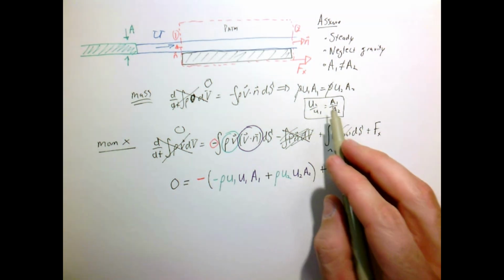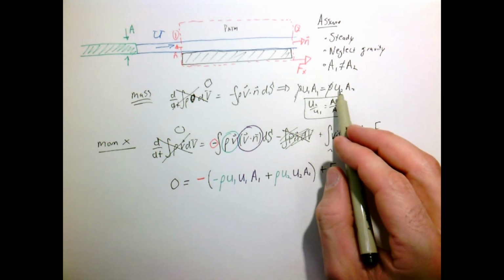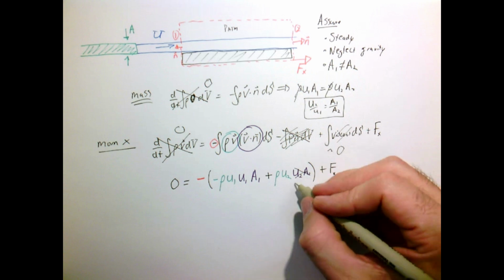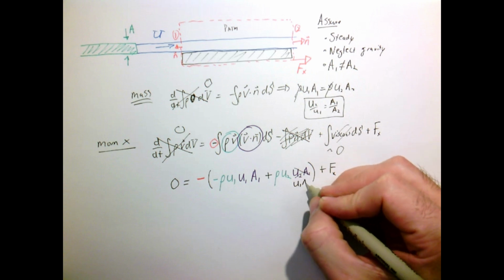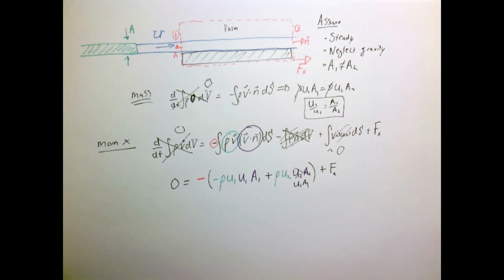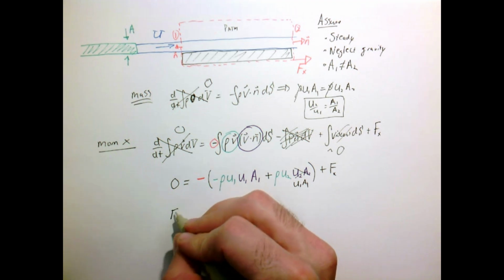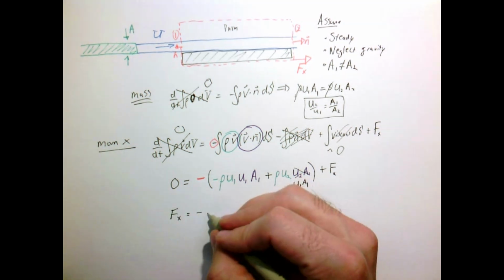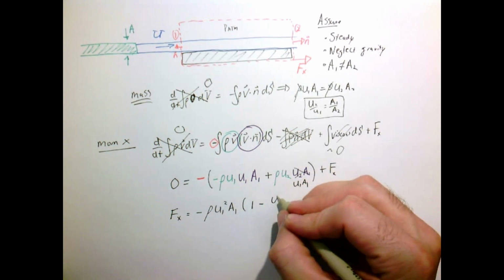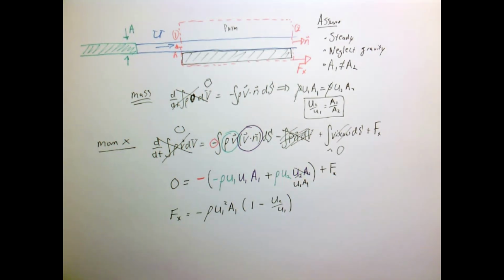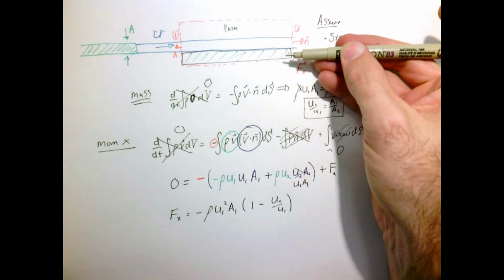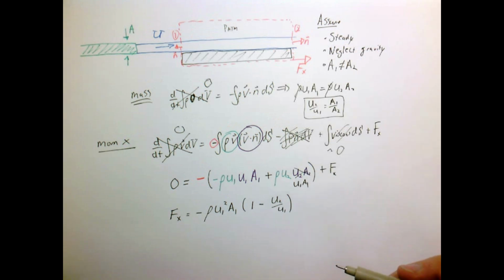Now we might notice from conservation of mass, u1a1 equals u2a2. So this u2a2, I can cross out and substitute with u1a1, and I could rearrange this expression to be the force in x is minus that. So we expect the force to be negative because I'd have to hold the plate in place, otherwise it tends to want to move in that direction.